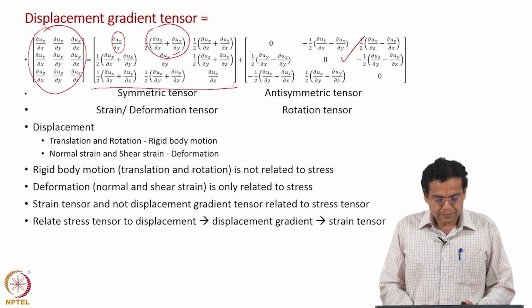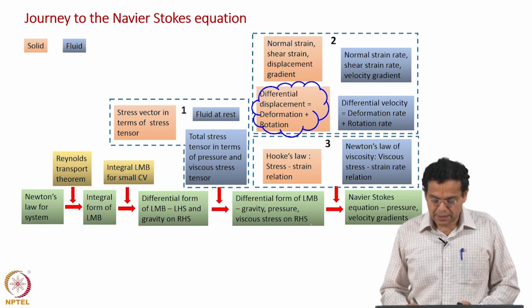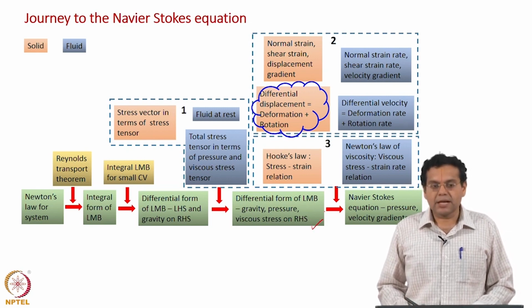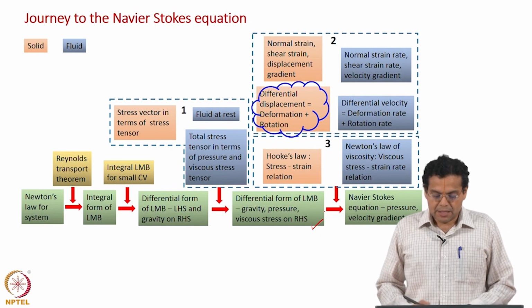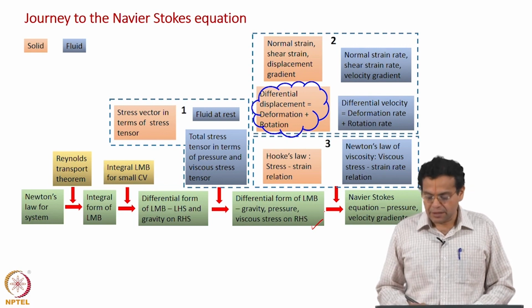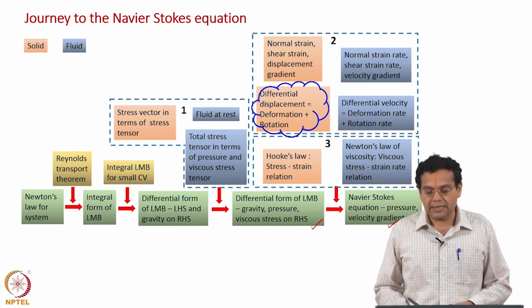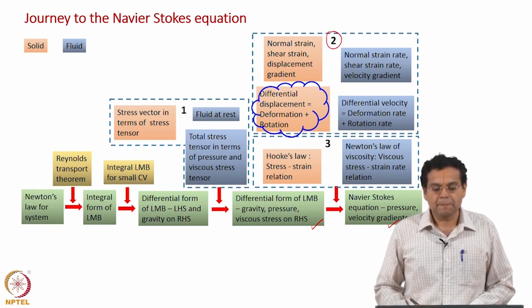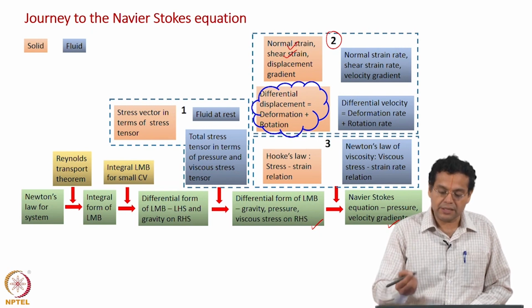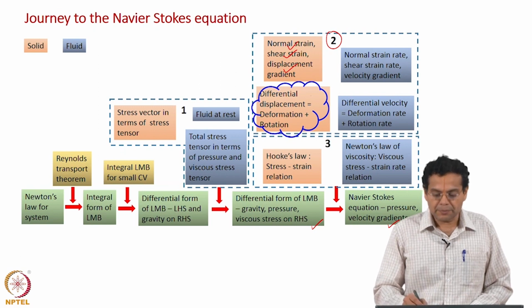And in terms of our journey to the Navier-Stokes, we were ready with the linear momentum balance for fluid, and we found out that the viscous stress tensor is unknown. We need to relate it to the velocity gradients, and we said to understand velocity gradients we will take a diversion to solid mechanics. First we understood normal strain, shear strain, rotation, displacement gradient, and now we understood this particular block which says differential displacement is equal to the deformation plus rotation.